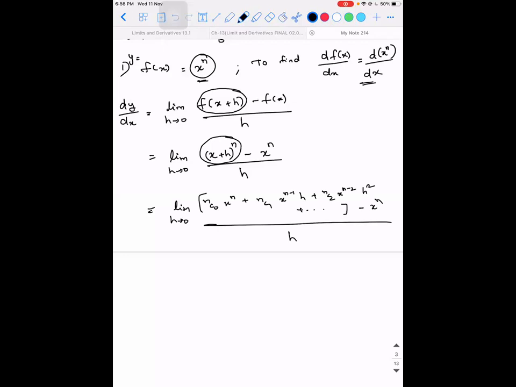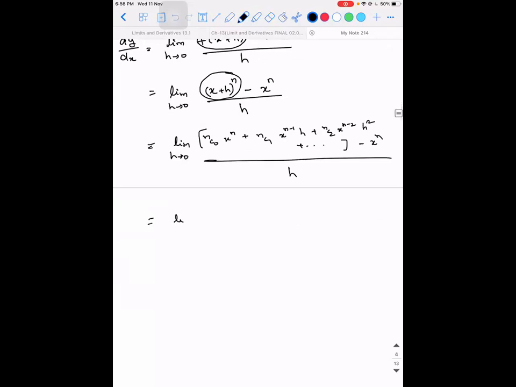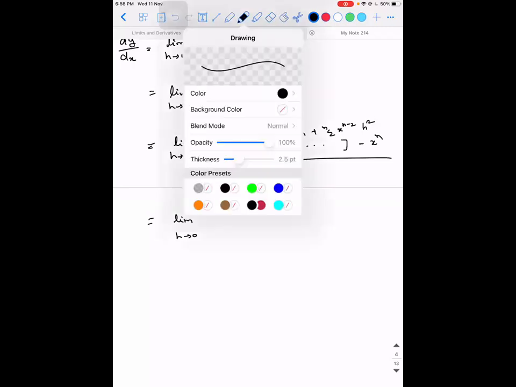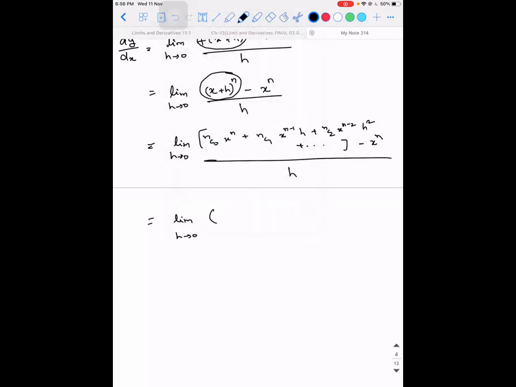Am I clear, guys? So what is nC0? nC0 is 1.